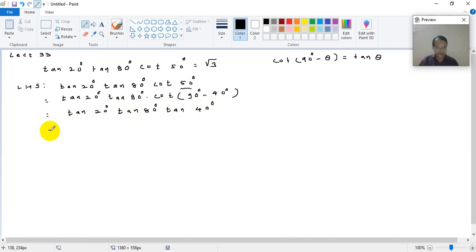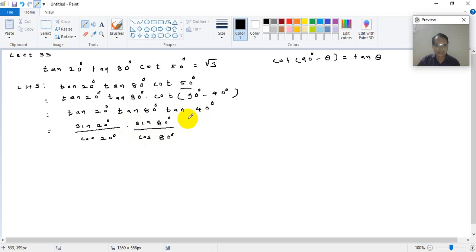Now tan is what? Sine upon cos. So I can write this as sine 20 degrees divided by cos of 20 degrees, then into sine 80 upon cos 80, because the next term is tan of 80. Tan means sine upon cos. So this you can write as sine of 80 degrees divided by cos of 80 degrees.